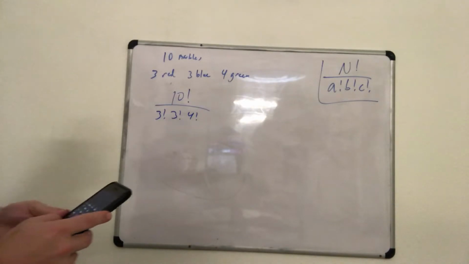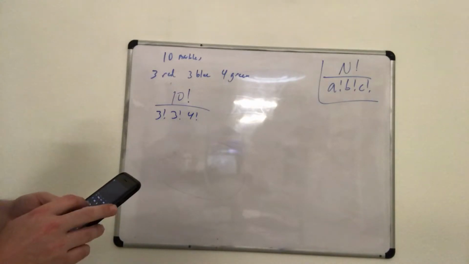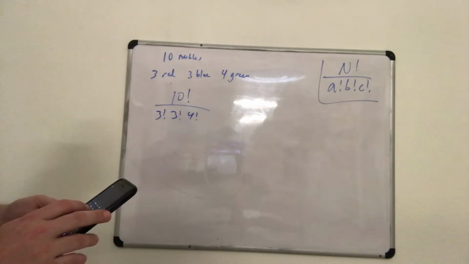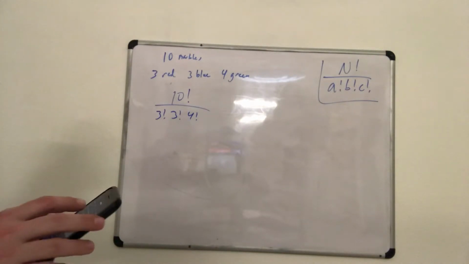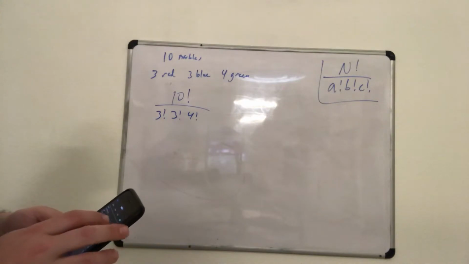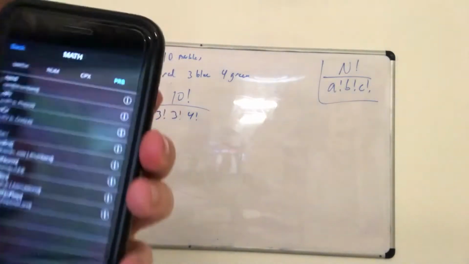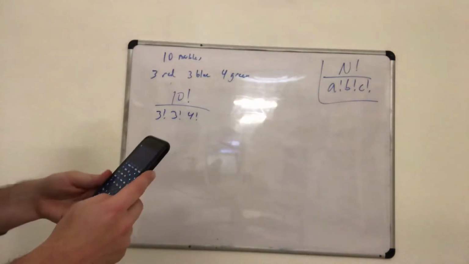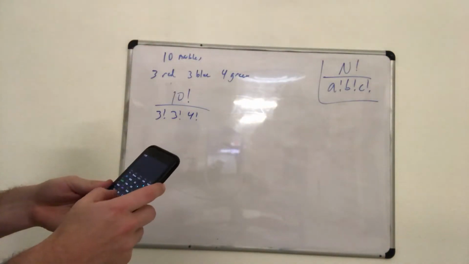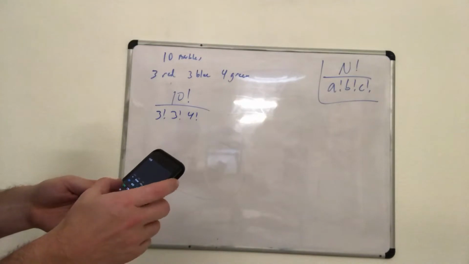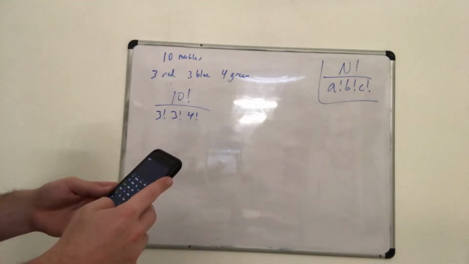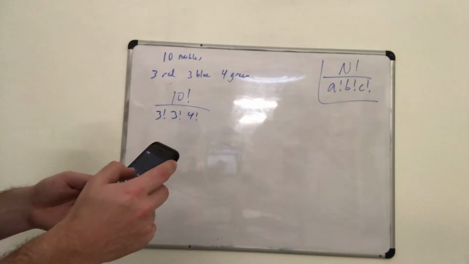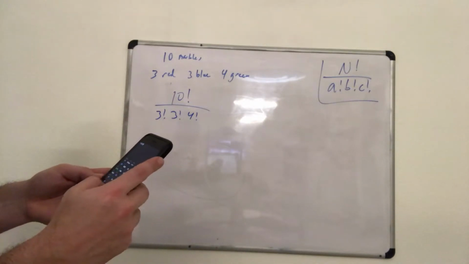So we're going to go parentheses 10, and it's on the math PRB menu, and you see the exclamation mark there. Then we go parentheses, divided by, parentheses, 3, math, PRB, close parentheses.